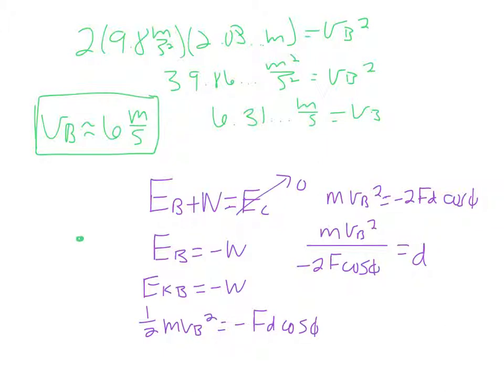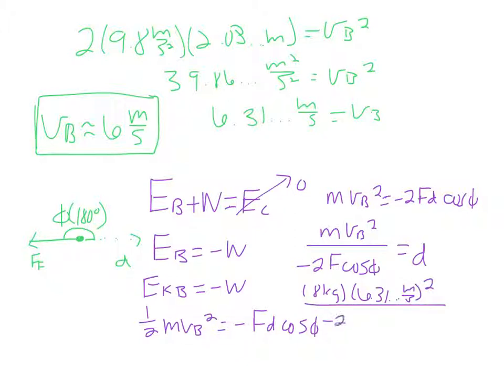So, work diagram. As the box is sliding, friction acts to the left, box slides to the right, so my angle phi is 180 degrees. So my mass, 8 kilograms, times the v_B, this is the 6.31, again unrounded, squared, over negative 2 times 30 newtons times the cosine of 180 degrees equals d.